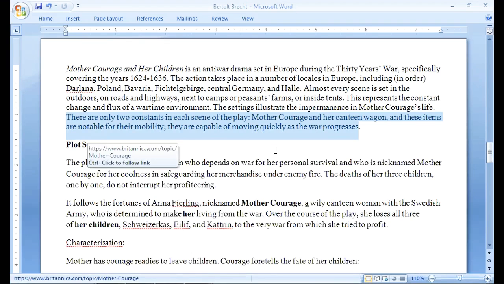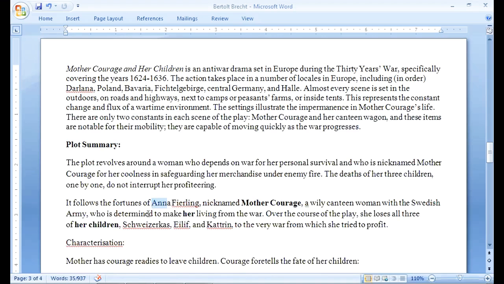The plot revolves around a woman, not women, a woman who depends on war for her personal survival and who is nicknamed Mother Courage. The name of the lady is Anna Fierling, who is dependent on war to survive because she sells products to the soldiers.